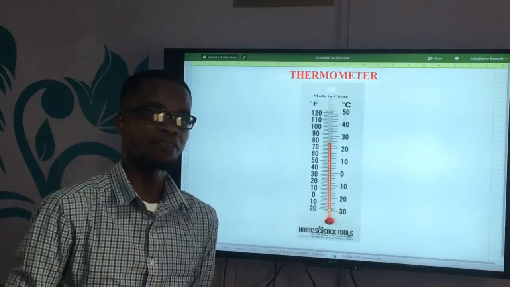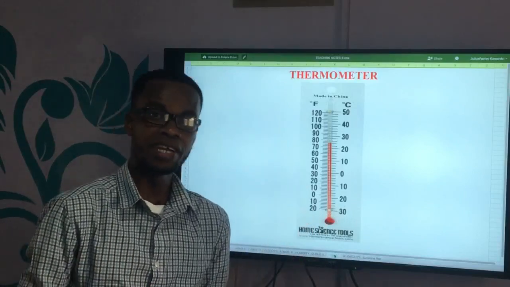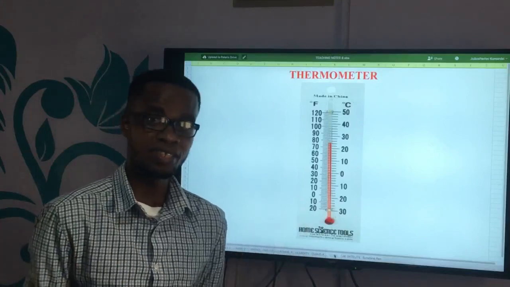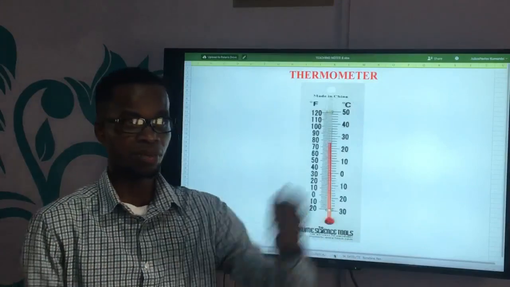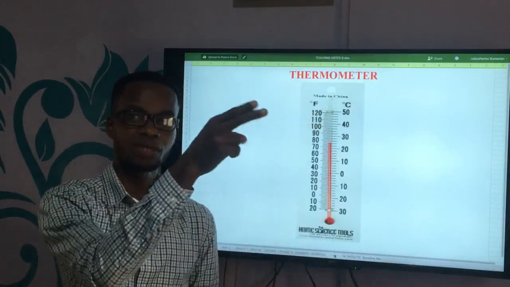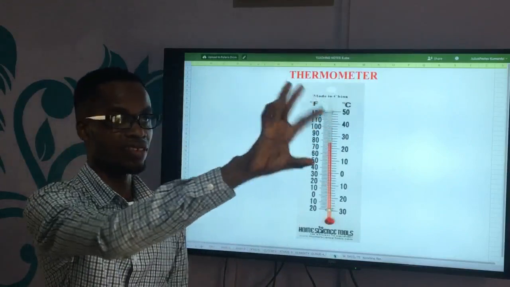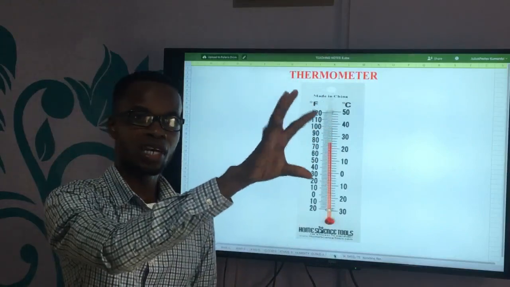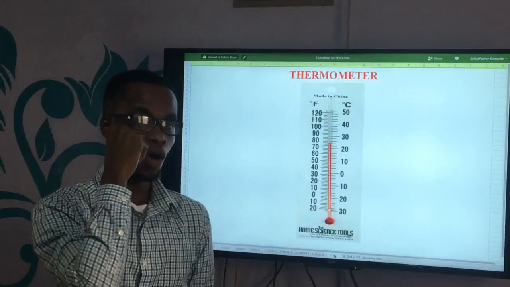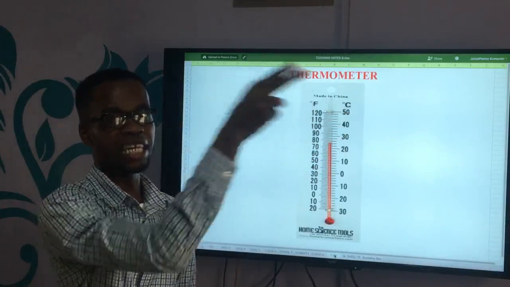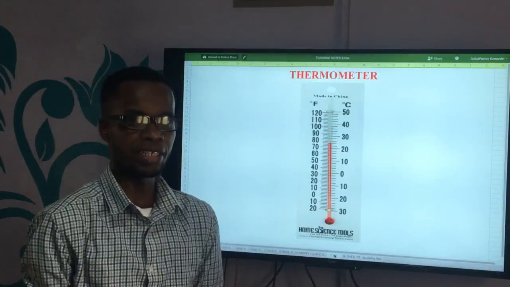And then you can even have the one that has become very common these days because of the COVID-19 season. They have to check your temperature with the digital one, which people refer to as a thermometer gun. They point it, and it has an infrared element that can read the temperature by just gauging it at your forehead.